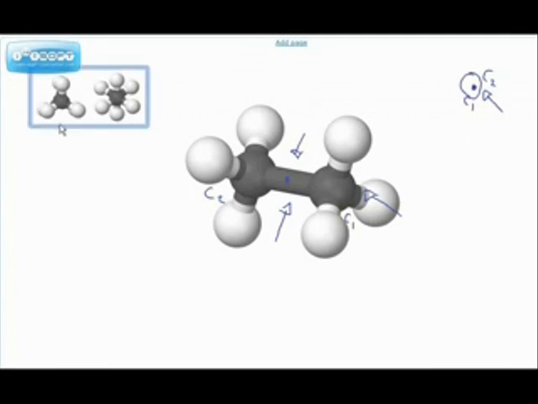In each of these cases, here on the eclipsed conformation and here on the anti-conformation, we are looking at carbon number 1, and here's carbon number 1's hydrogens, 1, 2, 3, and carbon number 2 is directly behind it, and here's carbon number 2's hydrogens, 1, 2, 3.